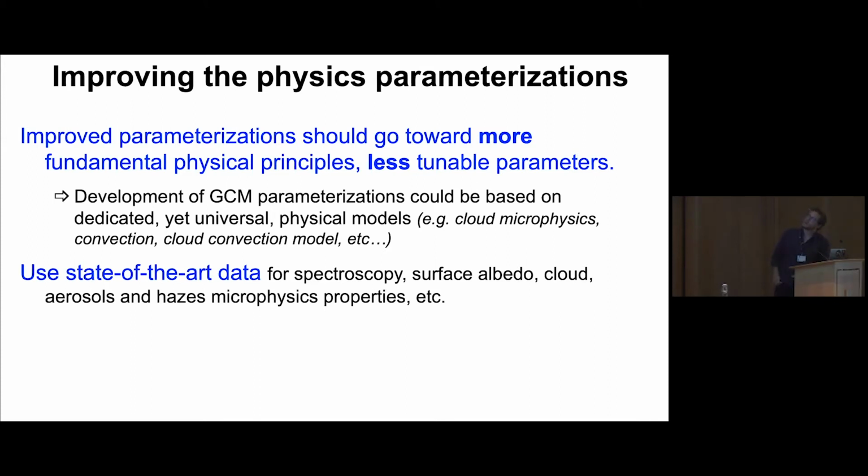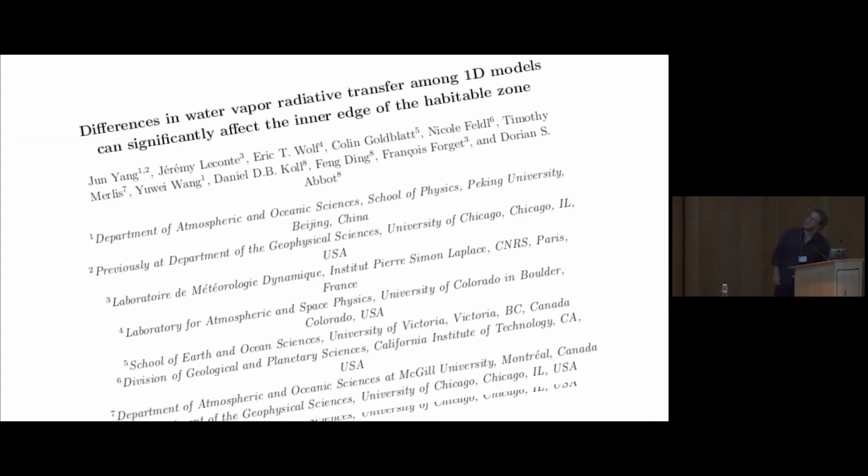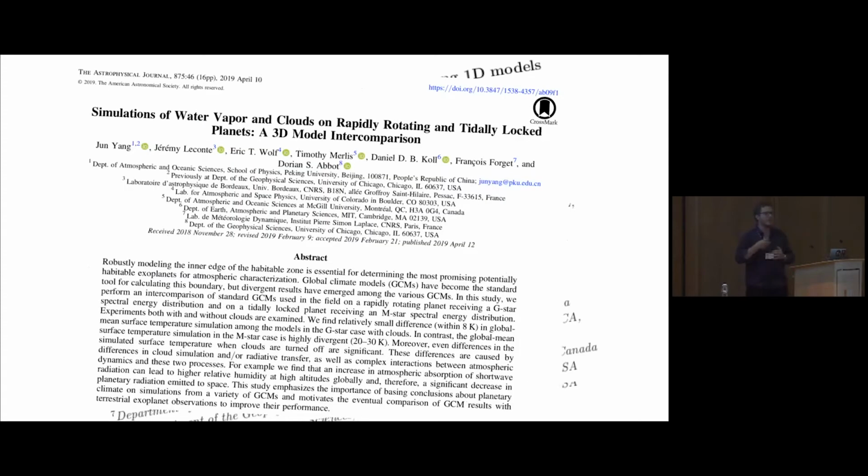I think half of the authors are in this room. They are also intercomparison studies that explored first in 1D and then in 3D what could be the difference between radiative convective models or global climate models in terms of surface temperature, temperature profile, and water vapor mixing ratio for planets that are in synchronous rotation, in this case, and rapidly rotating.